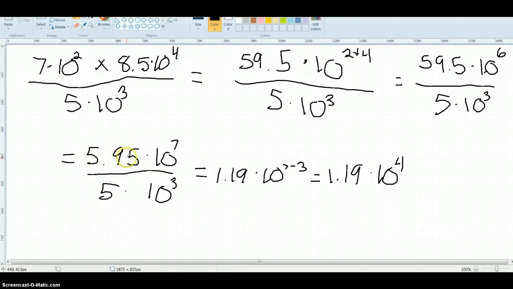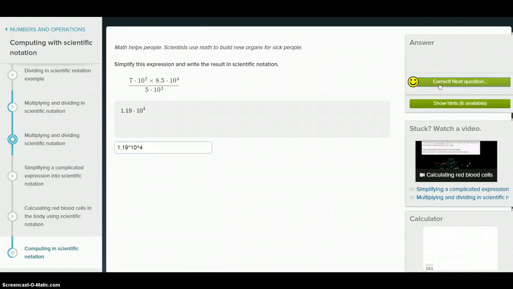So 5.95 divided by 5 is 1.19. And then 10 to the 7th over 10 to the 3rd is the same as 10 to the 7 minus 3, which is 10 to the 4th. So final answer is 1.19 times 10 to the 4th. Alright, so if you have any questions, just let me know.